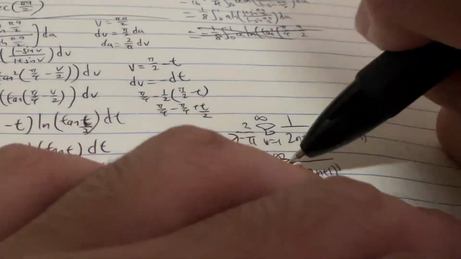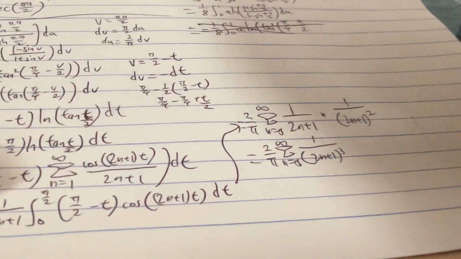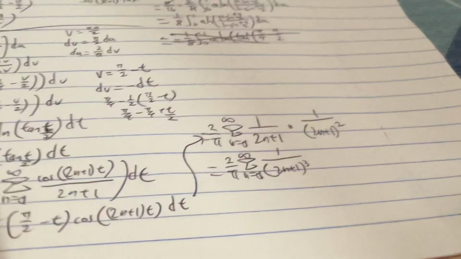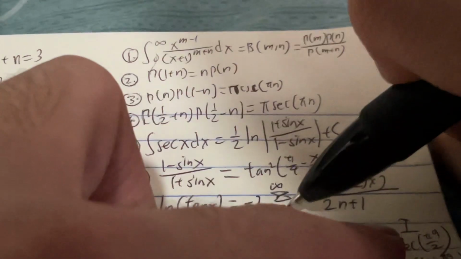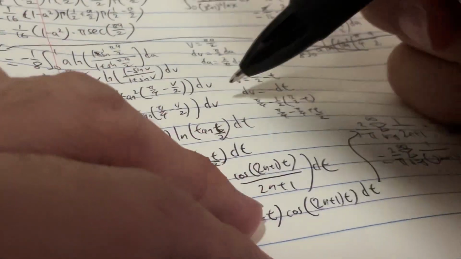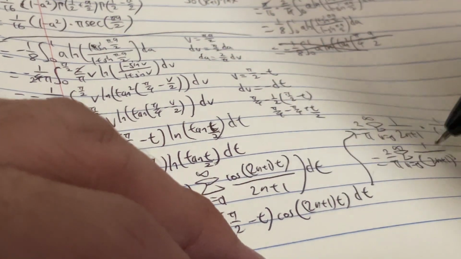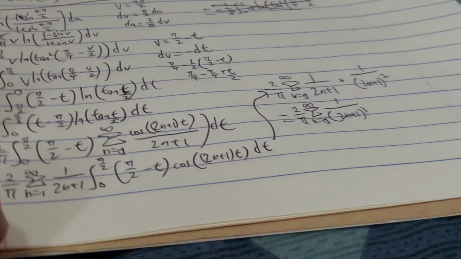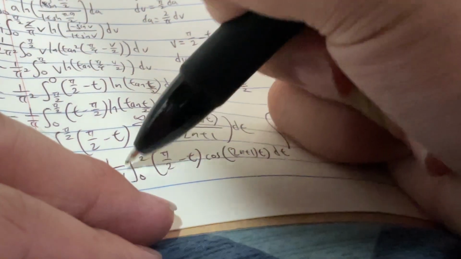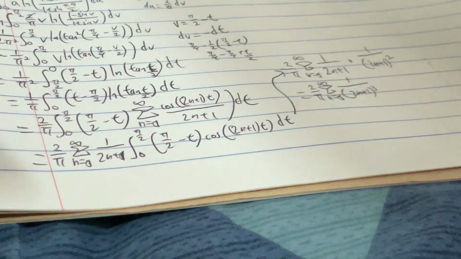Yes, it should be 0 here. The Fourier series, I copied the formula here, it should be 0 here. And when n is equal to 0, we are going to change this. So this integral evaluates to this one, 1 over 2n plus 1 squared.